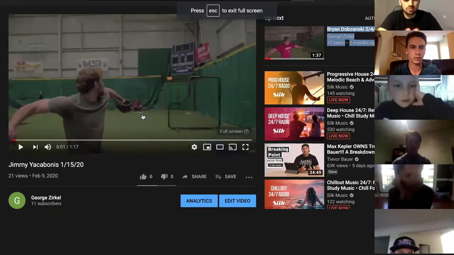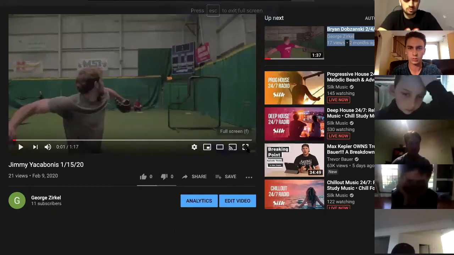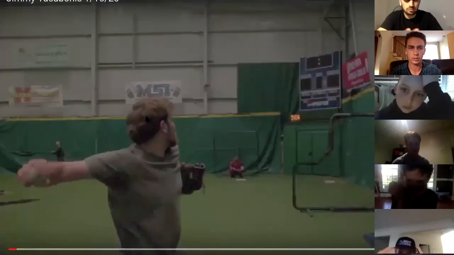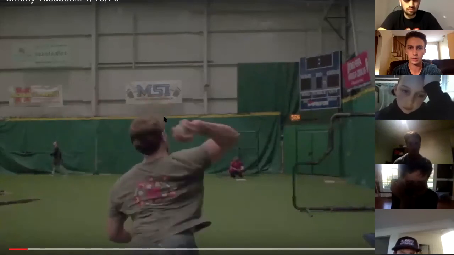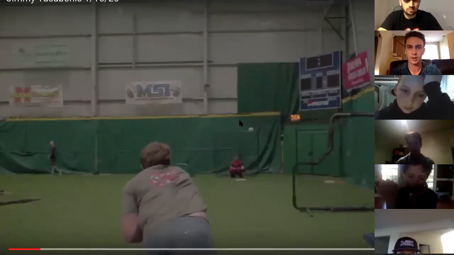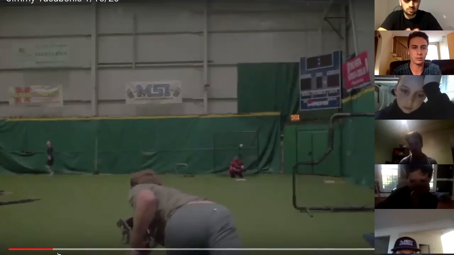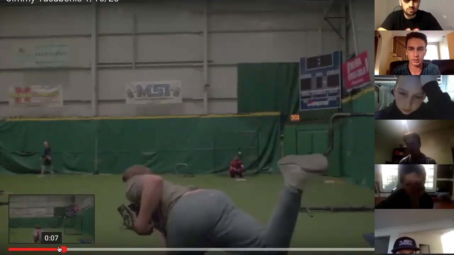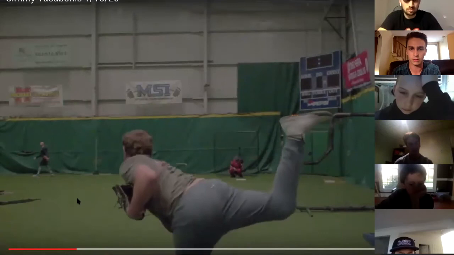Okay. So here's Jimmy Yacabonis. He's with the Padres. So just see his two-seamer. He's going to throw another two-seam.